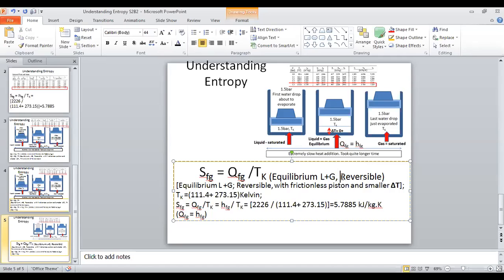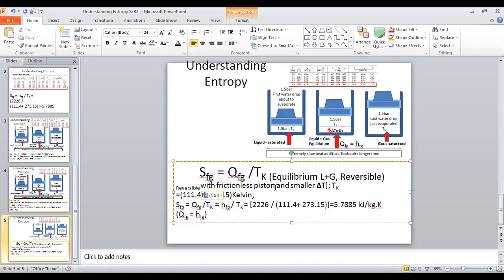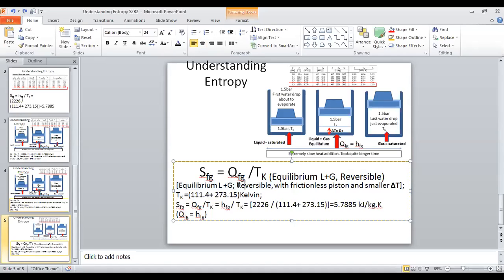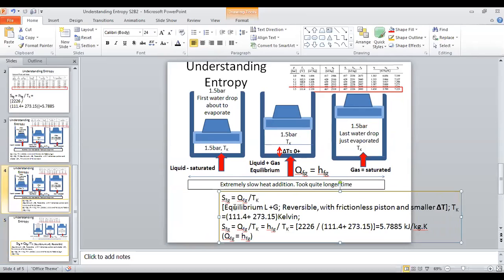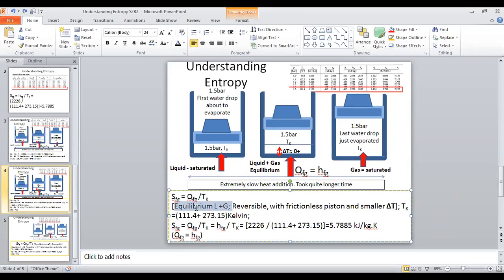So reversible means, so I will take this, reversible means with frictionless piston, and with smaller delta T.